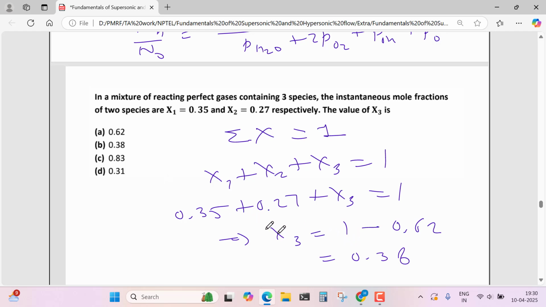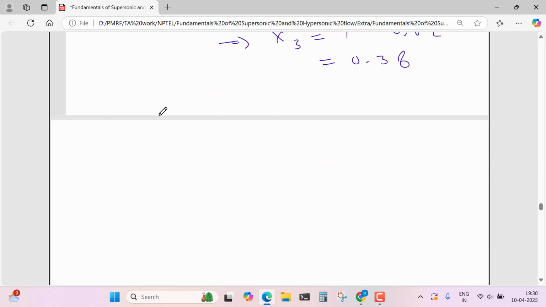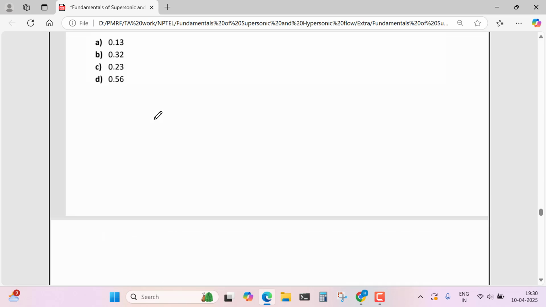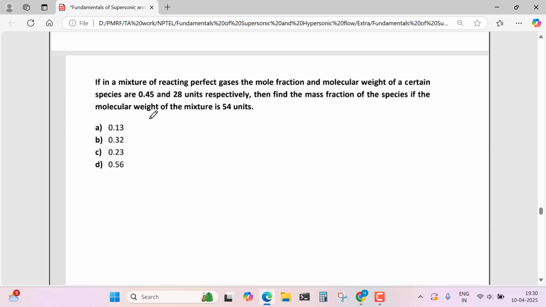So 0.38 will be the answer. Let's see the next problem.